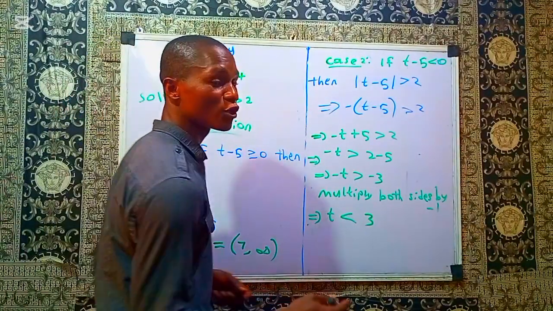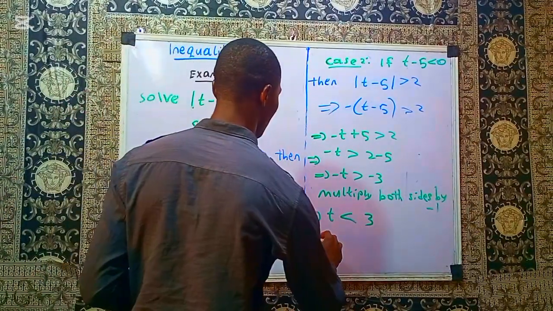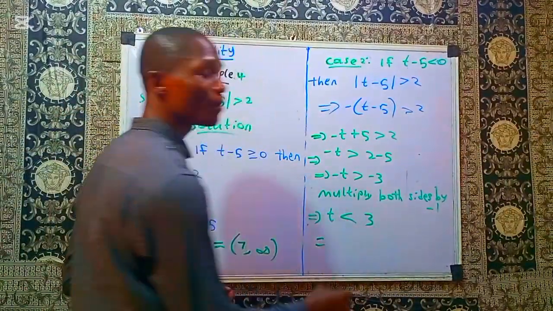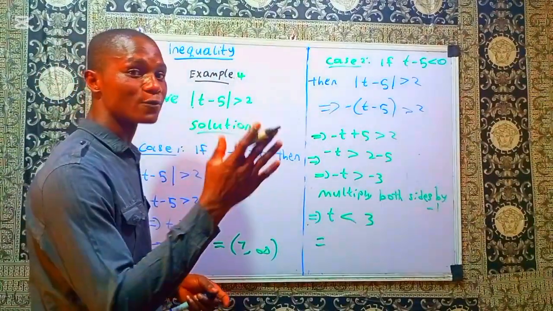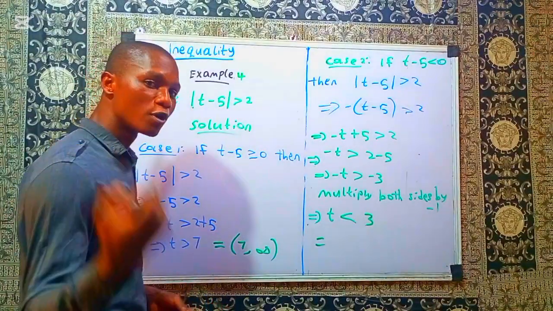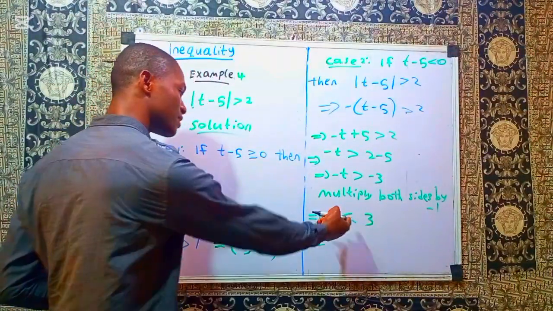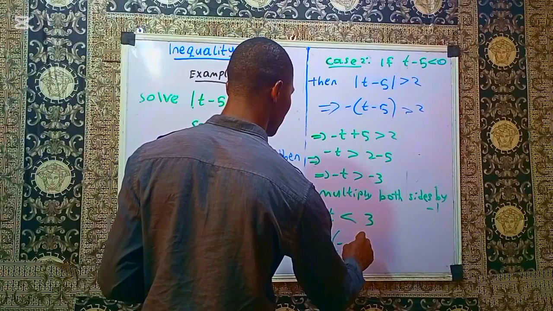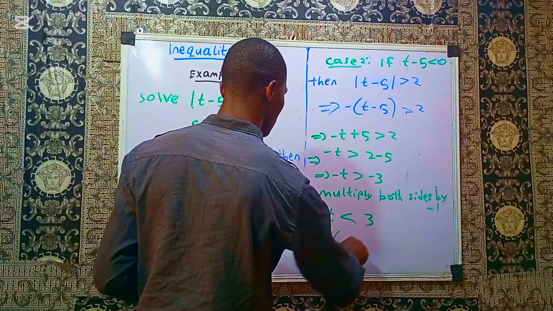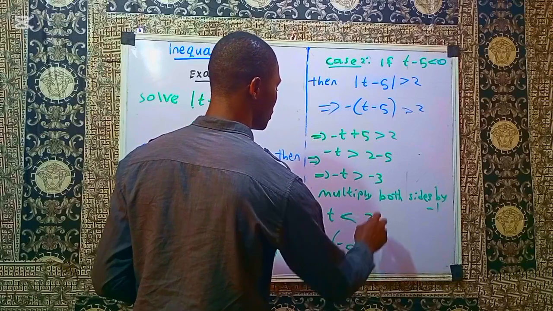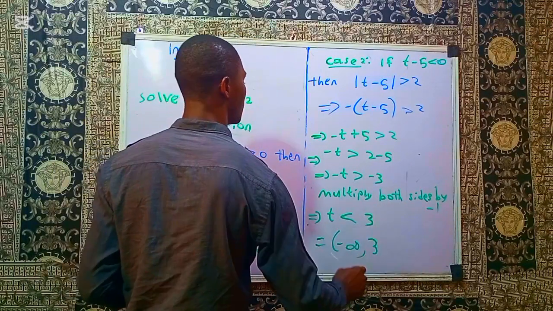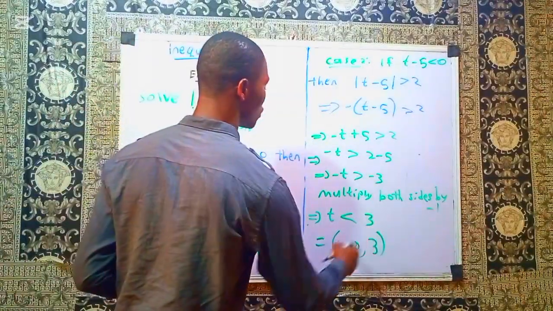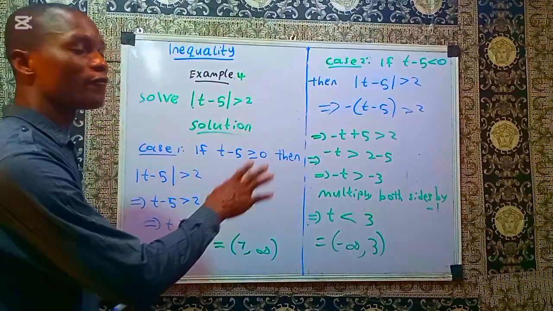We are looking at all numbers that are less than positive 3, that is, numbers from positive 3 down to negative infinity. But positive 3 is not among them, because we have a strict inequality. So you have an open bracket, negative infinity, comma, 3, and you still use an open bracket at the side of 3. This gives the solution for this case.